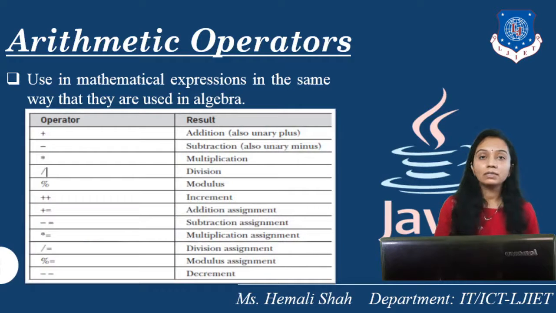These arithmetic operators are plus, minus, multiplication, for which we use star, then the division operator, then the modulo operator, then the increment and decrement operators, post increment as well as pre increment, for which we use plus plus. For decrement we use minus minus.